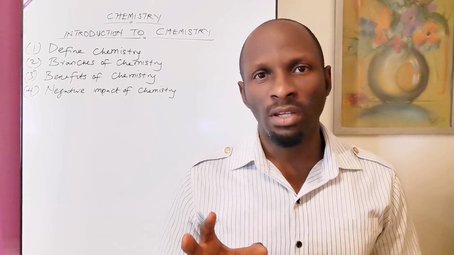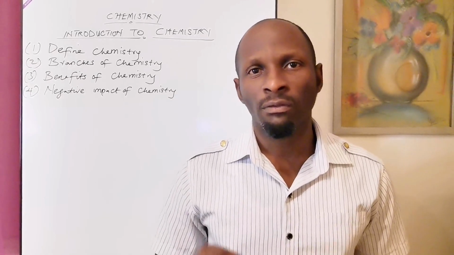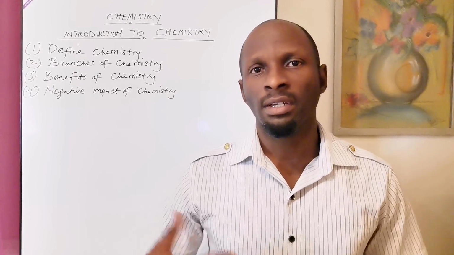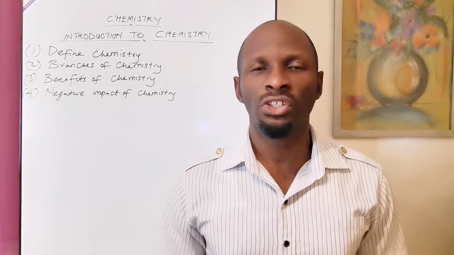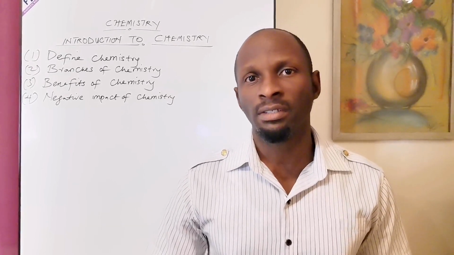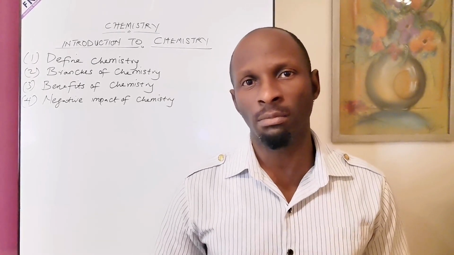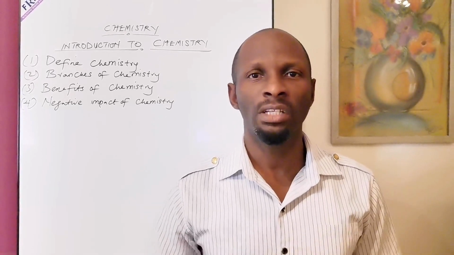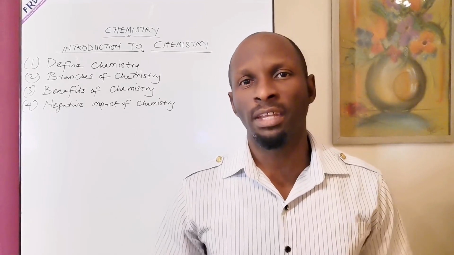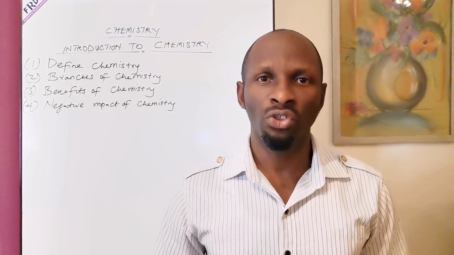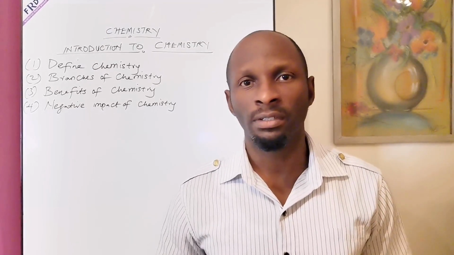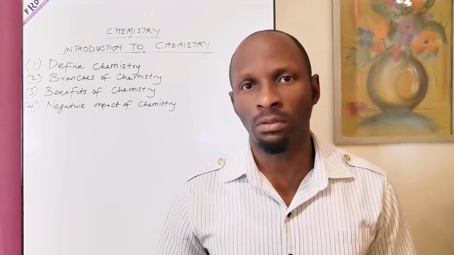And the second learning objective is for you as a student to be able to list the basic branches of chemistry covered in the high school syllabus. Thirdly, it is expected that you'd be able to list the benefits of chemistry or the application of chemistry to our well-being as people.